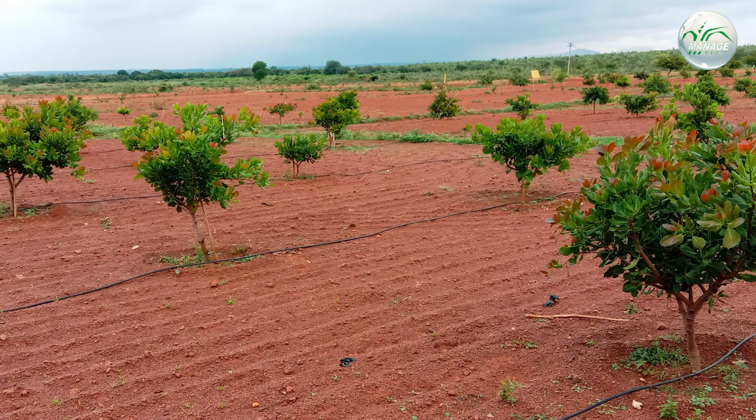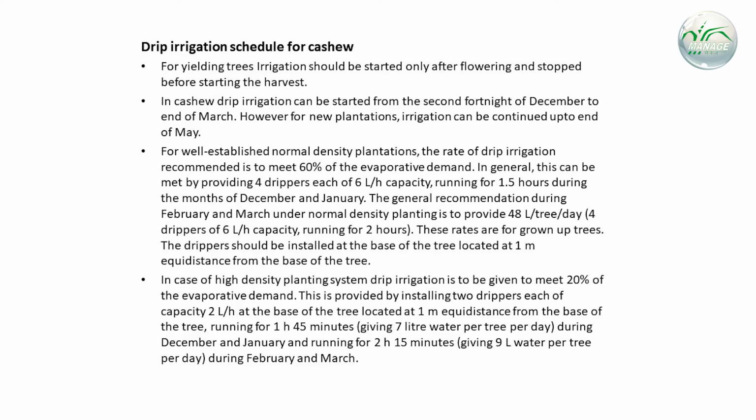Drip irrigation. In drip system of irrigation, water is applied through a network of pipelines and applied to the root zone of crop by use of emitters or drippers. In this system, water is applied based on ET demand of the crop and root zone is always maintained at field capacity levels.